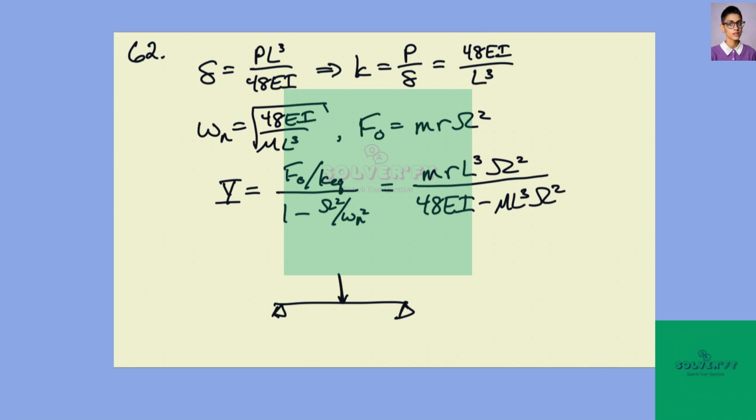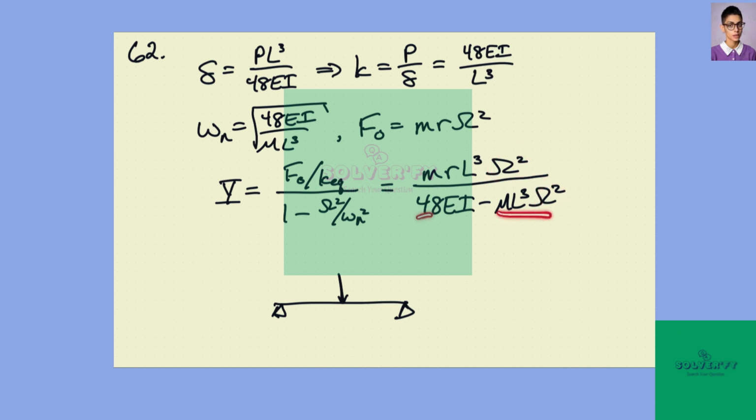And it turns out we have m r, the eccentricity, L cubed, times the excitation frequency squared, all over 48 EI minus the mass times the length cubed times the excitation frequency squared again. One thing you can check here is, say the excitation frequency squared gets really big.